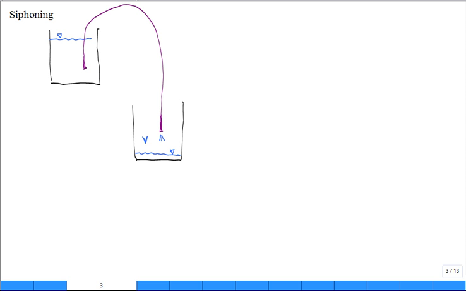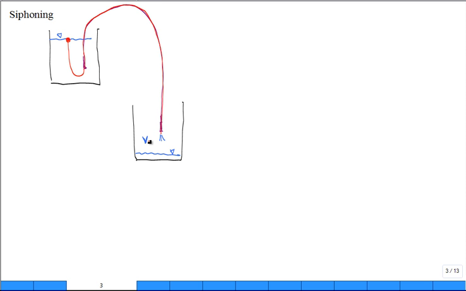Well, to apply Bernoulli's equation, we want to go along a streamline. Let's start the streamline at the top, just like we did last time we met, at the top of the tank. The streamline goes into the tube, along the tube, inside the interior of the tube, all the way to right there.